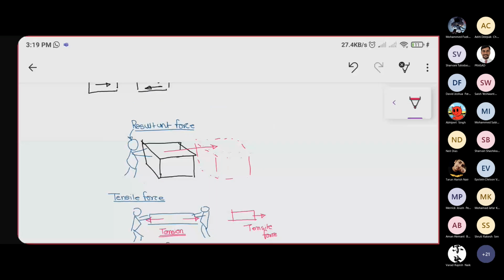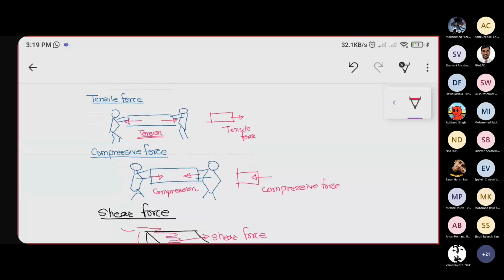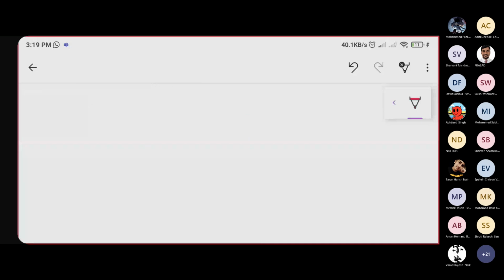And what is a resultant force? It is a single force which represents a force system. Now in mechanics, we have to do two things.